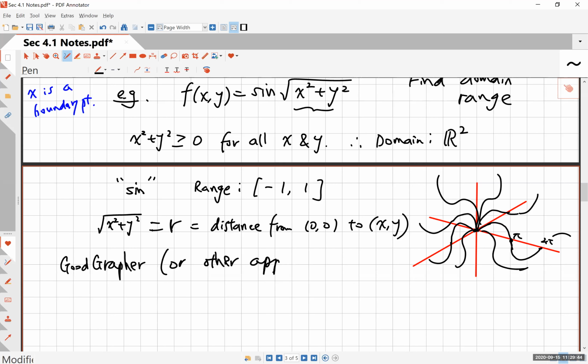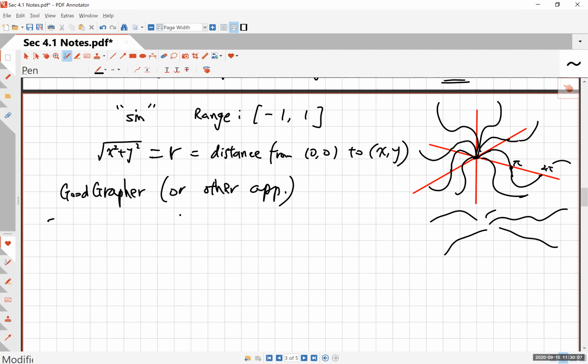Try to sketch this and you will see a nice thing that sort of looks like, what's it called, a sombrero hat, and you will see the ripples going in all sorts of directions. That would be an interesting thing here. And because the domain is all of R2, there is no boundary because every point is included.